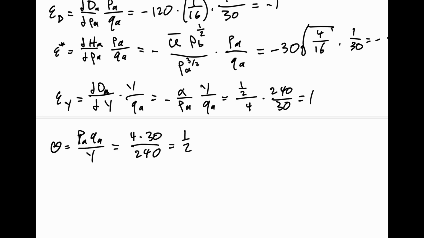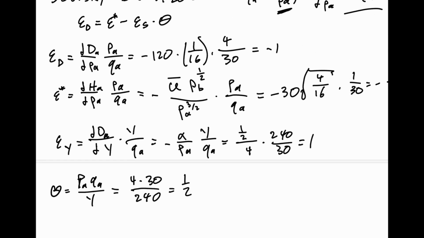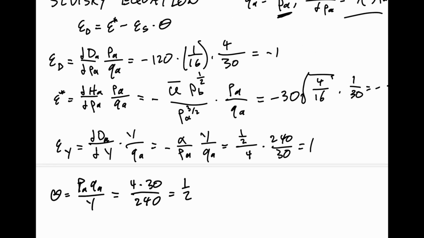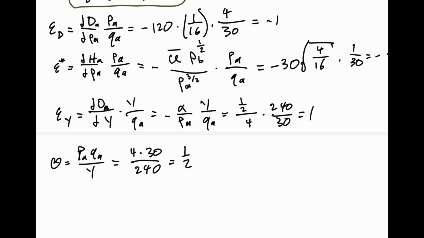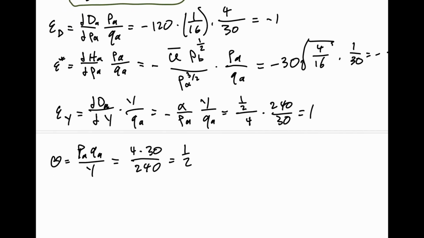Okay. So then we're going to take these values and plug them into our Slutsky equation. So we have -1 is equal to -1/2 minus 1 times 1/2. And indeed, everything checks out.